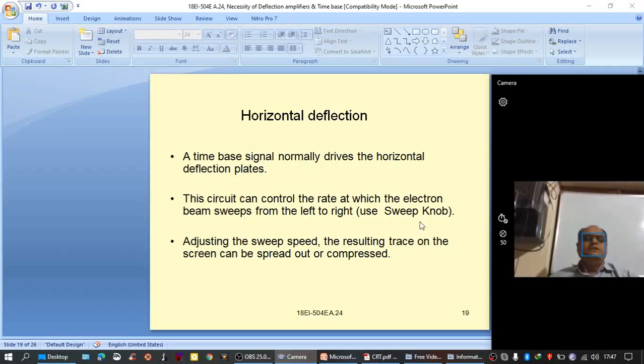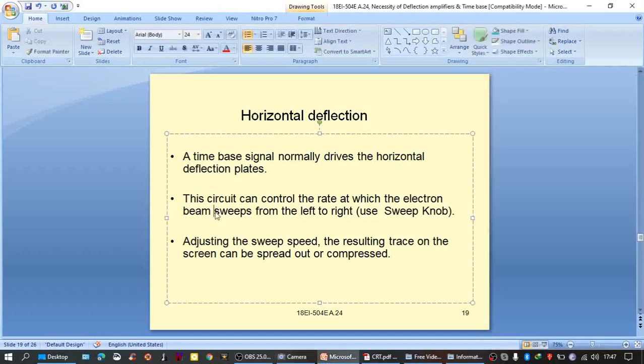A sweep control knob is available on the front panel of the CRO, and using that we can control the rate at which the electron beam is swept from left to right.